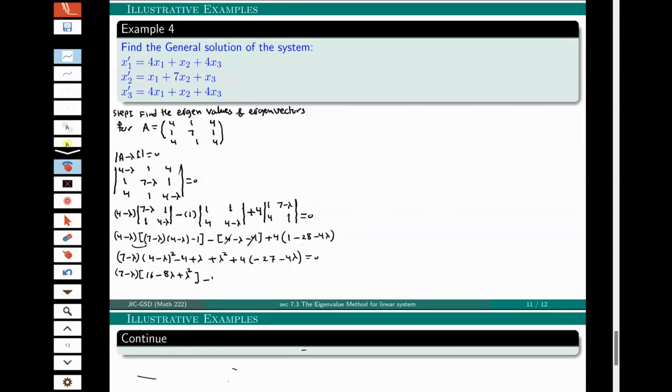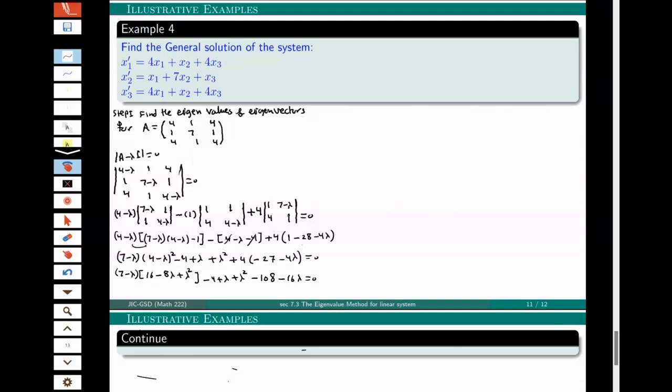I have here minus 4 plus lambda squared minus, that's 27 times 4, that's minus 108, and minus 16 lambda equal to 0.